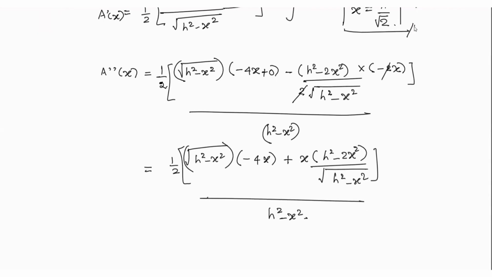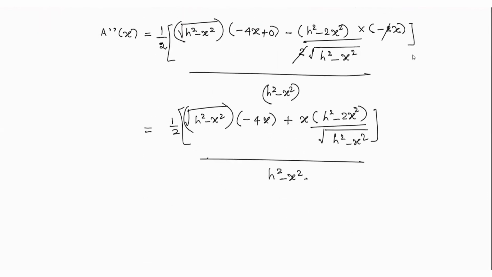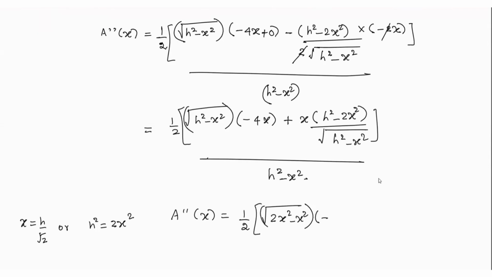So at x is equal to h by root 2, if h square is equal to 2x square, A double dash of x is equal to 1 by 2 square root of 2x square minus x square into minus 4 into h by root 2.